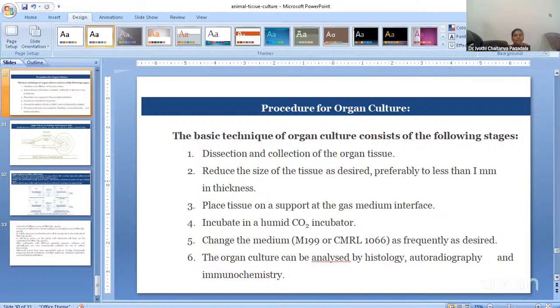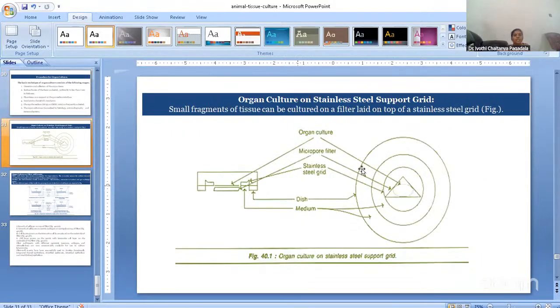And change the medium. Here we use a medium like M199 or CMRL 1066 as frequently as desired. The organ culture can be analyzed by histology, autoradiography, and immunochemistry. Here you can see the dish, the organ culture on the stainless steel supported grid.